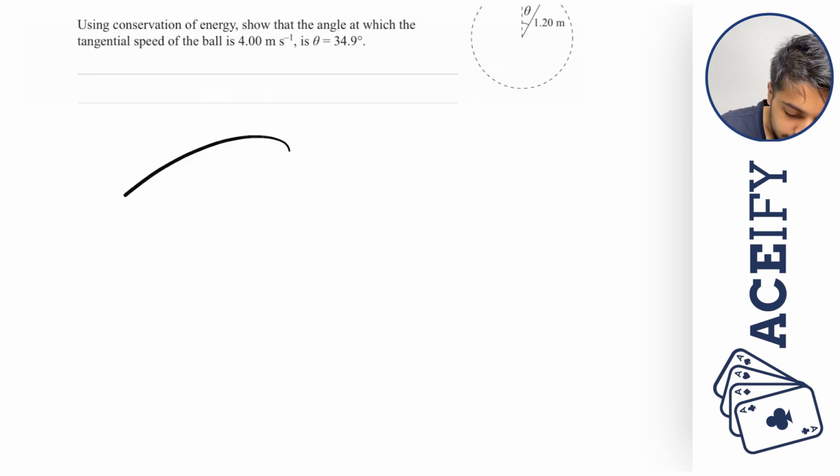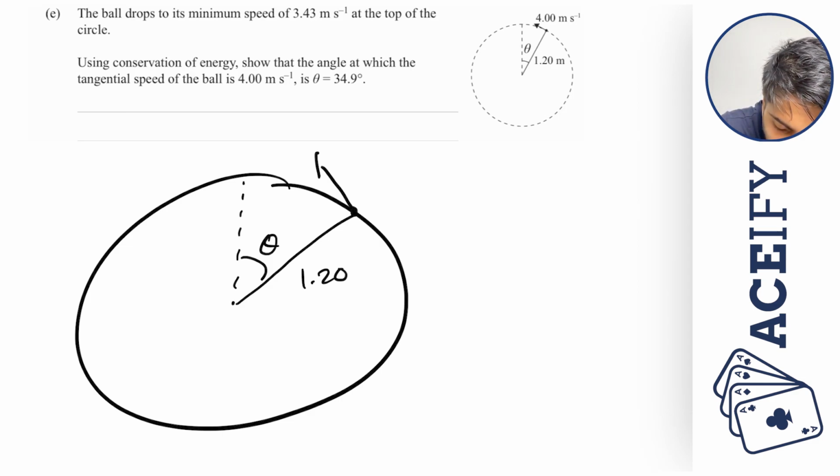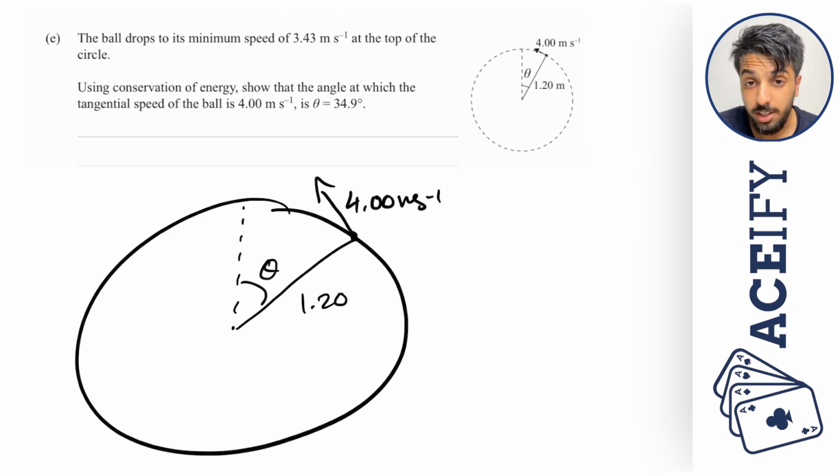So if we redraw this diagram just a lot bigger, we have our center point going like this, and we have our 1.2 meters, and this is our theta right here. The ball is going at 4 meters per second. As we know, the top of the circle is obviously the highest point, and therefore this point right here is going to be slightly below that.